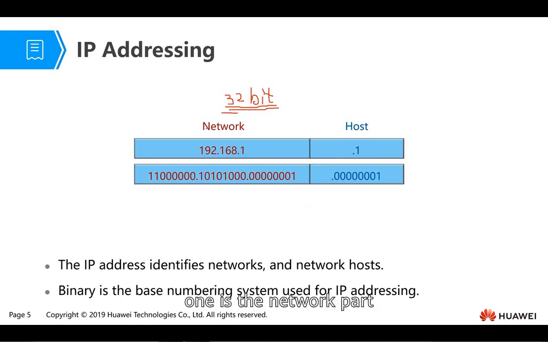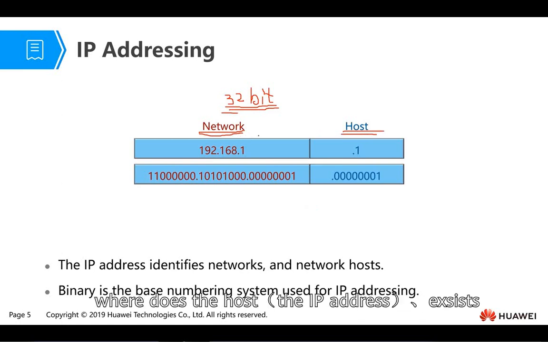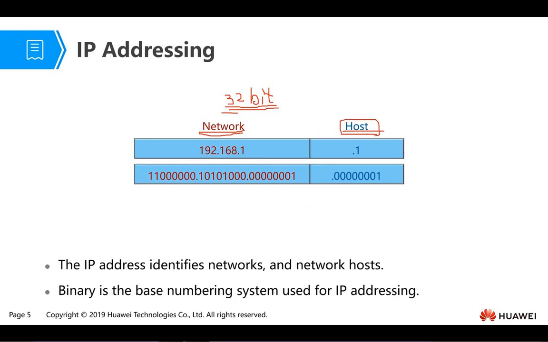One part is the network part, and another part is the host part. The network part identifies the network in which this host exists. And the host part means the host number in this network.